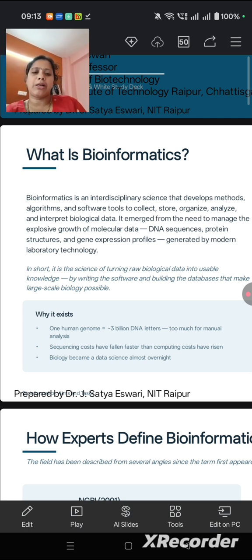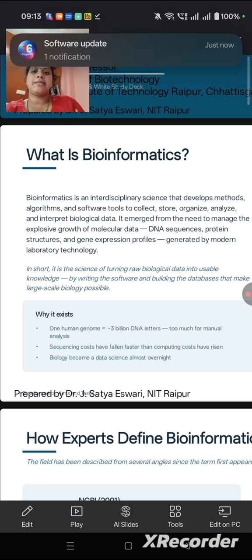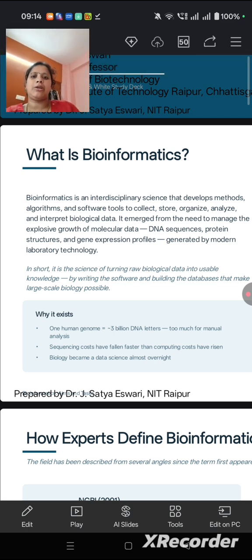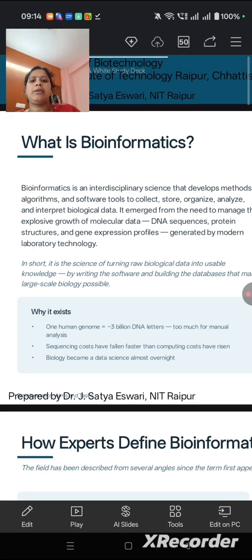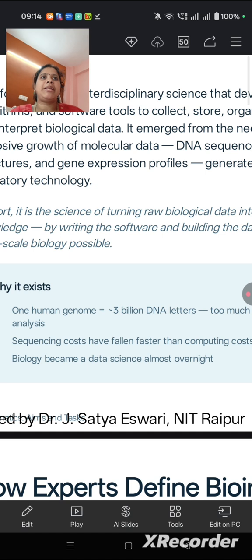How do we turn biological data into usable knowledge? By writing software and building databases that make large-scale biology possible. One human genome contains 3 billion DNA letters, so it is a very large amount of information to understand manually. So we need something to analyze and process the data.